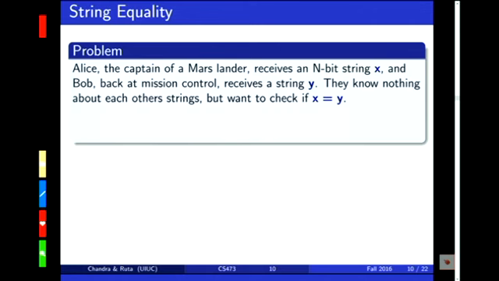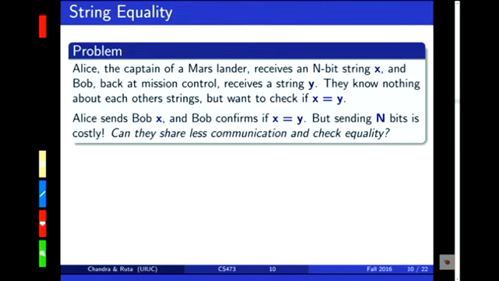They know nothing about each other's string, but they want to compare whether x equals y or not. Now this n could be very, very big. Like say Wikipedia, they have copies of Wikipedia and want to compare whether they are the same or not.